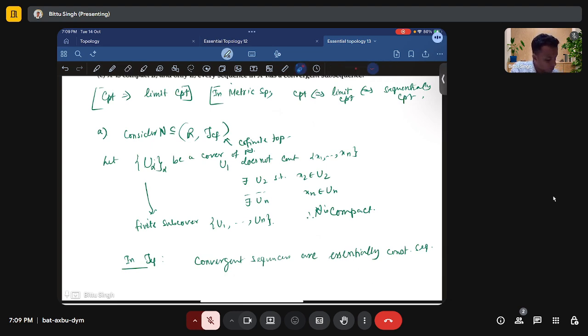For example, let us see what happens if we consider this sequence 1, 2, 3. Suppose this sequence converges to some x.